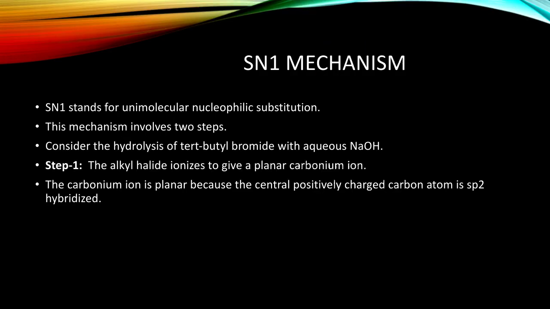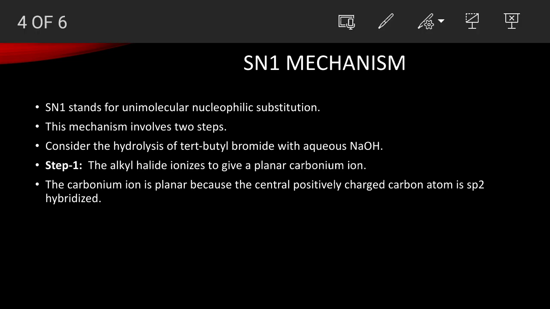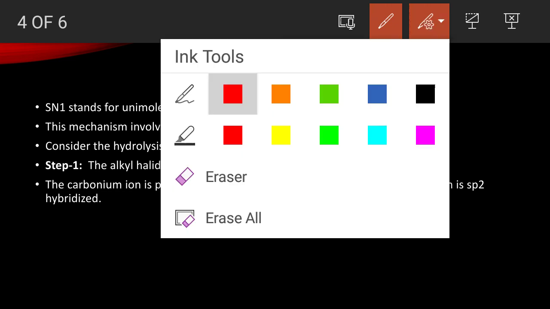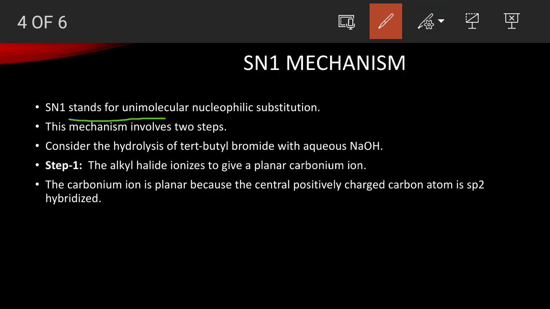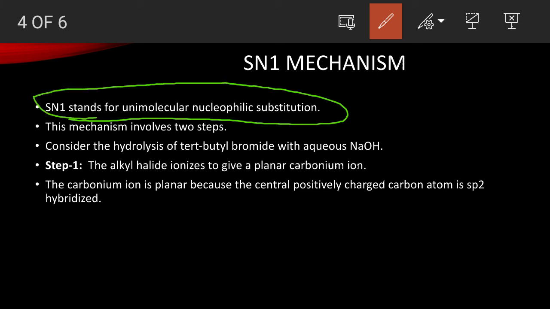Okay, now we will discuss the SN1 mechanism. First, we will learn the meaning of SN1. SN1 means unimolecular nucleophilic substitution reaction. Unimolecular means here the nucleophile which is substituted by the halogen atom, that is a unimolecular nucleophile.